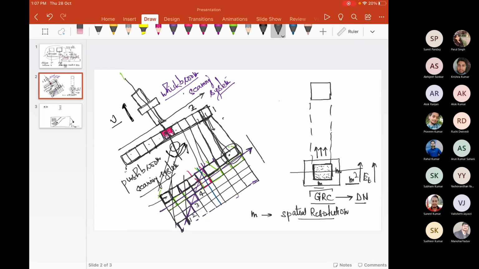Now the second part: this CCD is looking at this particular GRC for time t. It means for time t, the photons coming out, because energy is constituted by photons, are collected within time delta t. If you increase time t, then you collect more photons from the given area.